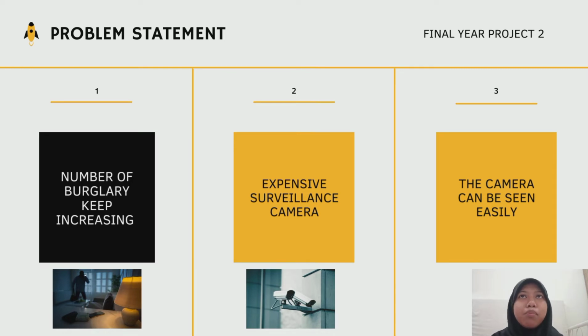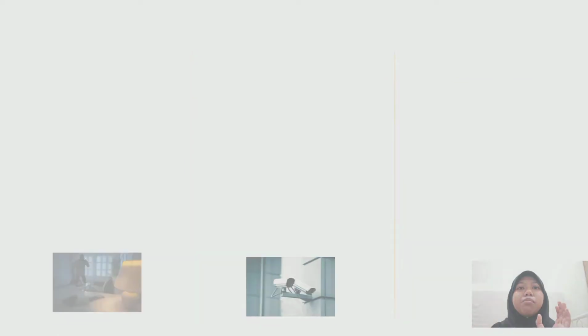The third problem is that the camera can be seen easily. For example, when you go to a neighbor's house, a building or the supermarket, you can see the CCTV everywhere in certain places, and you can see where they put it.